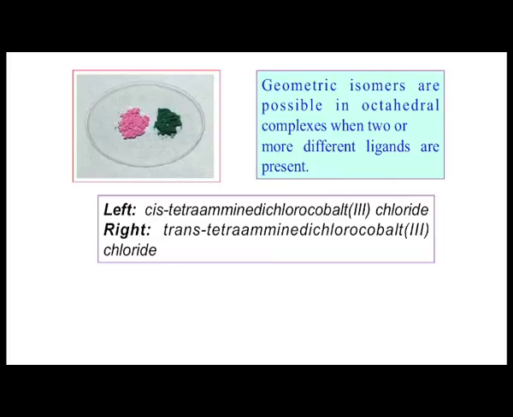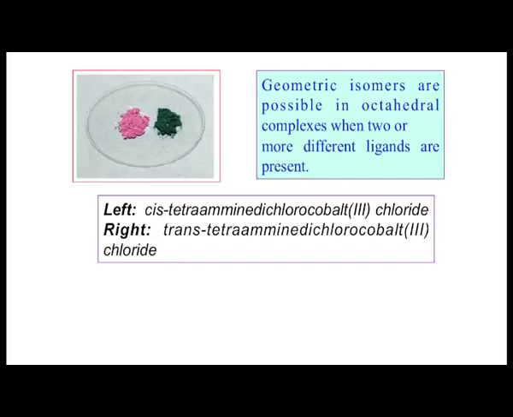So, color wise we cannot distinguish these two things, but in this particular case we can have the 2 isomeric forms, and in the same petri dish one of the isomers is pinkish in color and the other is greenish in color. So, color wise we can also differentiate that one particular color is for one particular isomer and the other color is for the other isomer.